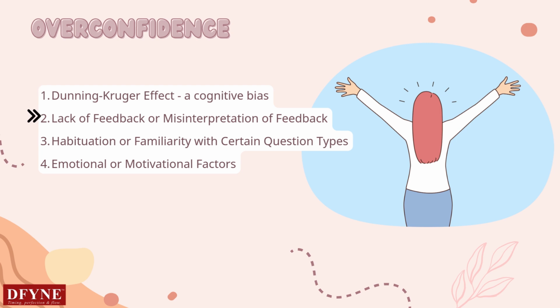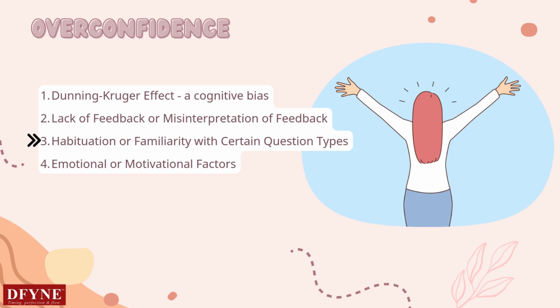The overconfidence could also be because of a lack of feedback or misinterpretation of feedback. For example, if feedback isn't clear about why their answer is wrong, they may assume that their incorrect answers are due to minor errors or just bad luck, rather than a fundamental lack of comprehension.